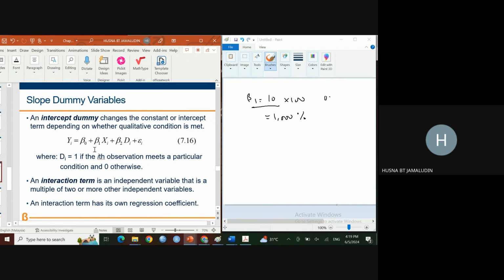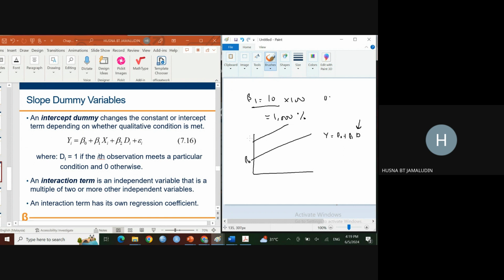Remember, in the previous chapter, whenever you have a dummy, it will change your normal intercept. So you have beta naught, this is your intercept. But the moment that in your equation, y equals beta naught plus beta 1, perhaps this is dummy, the dummy will give you a different intercept.